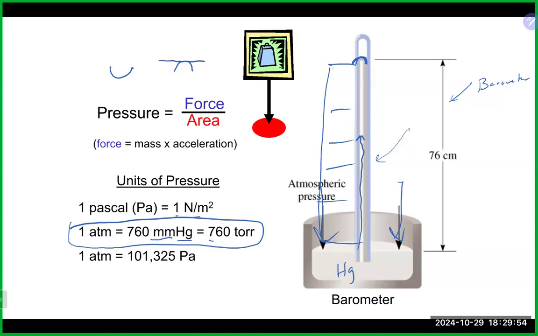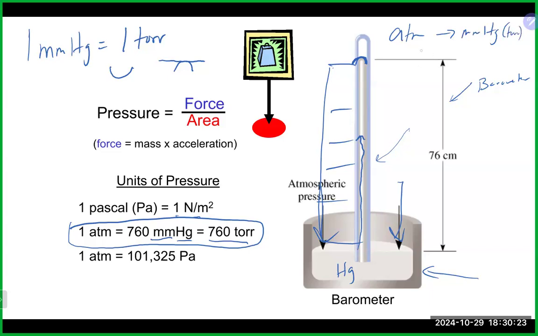It also equals 760 torr, named after Torricelli, who is the guy who invented the barometer. 1 millimeter of mercury is equal to 1 torr. It's a 1-to-1 relationship between those. And 760 is an important number because that is the conversion factor to go from atmospheres to millimeters of mercury or torr.